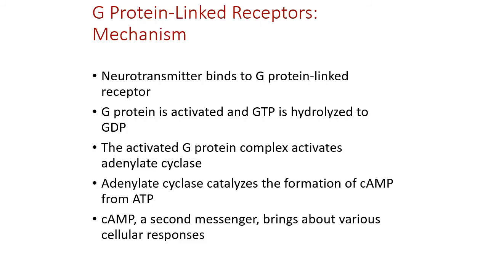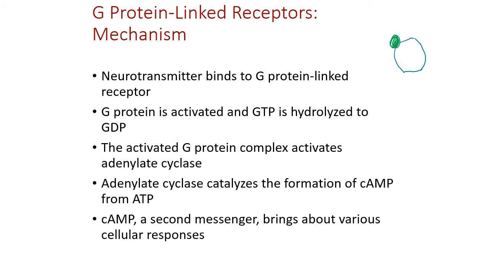And so a G protein linked receptor has a neurotransmitter that binds to a receptor on the outside of the cell. And so we have our little receptor that is there, but this receptor doesn't have a channel going through it. So when our neurotransmitter binds to it, it doesn't open anything up inside of it.